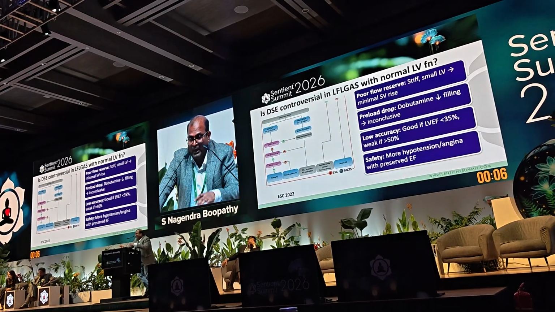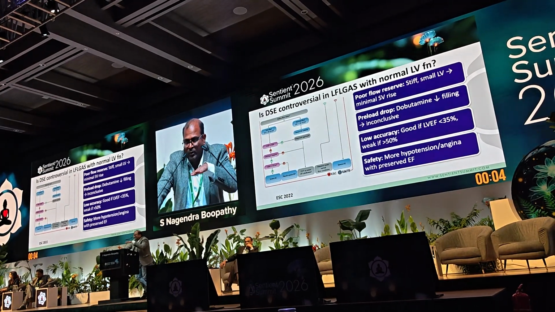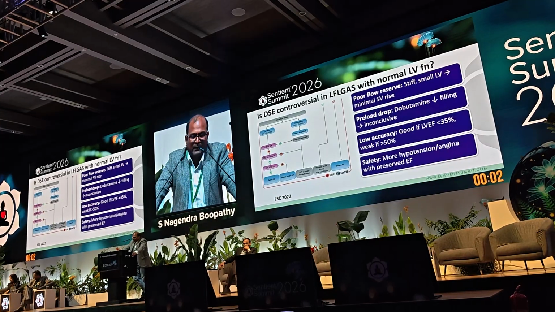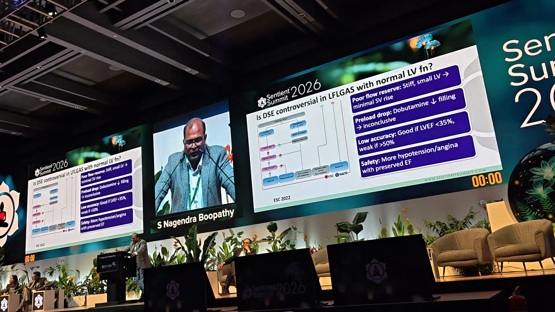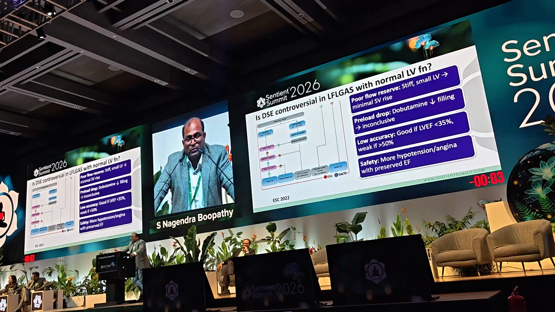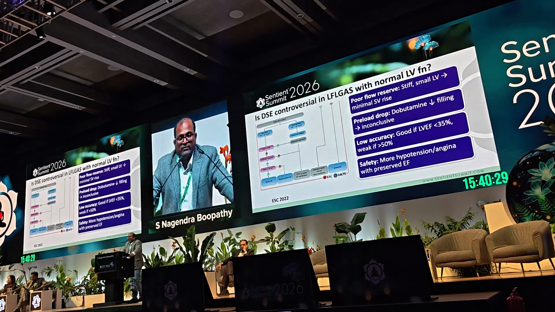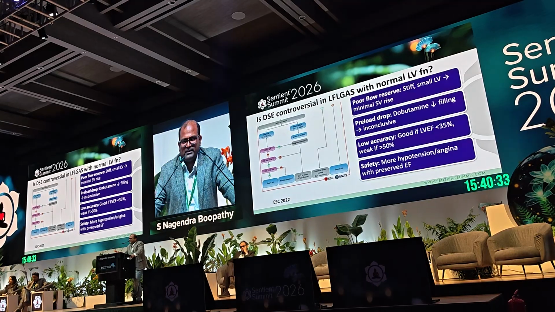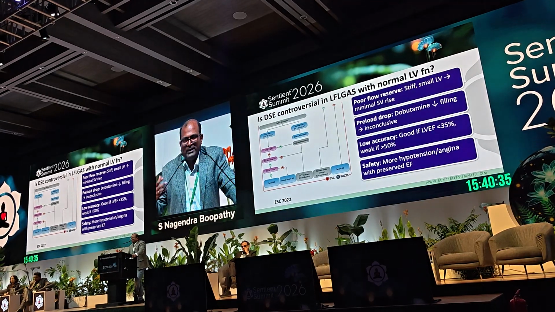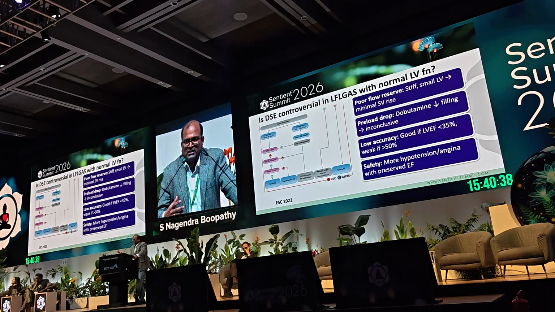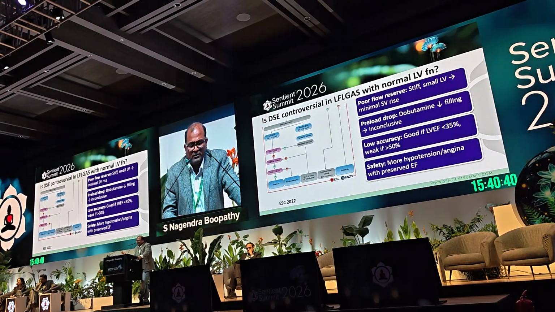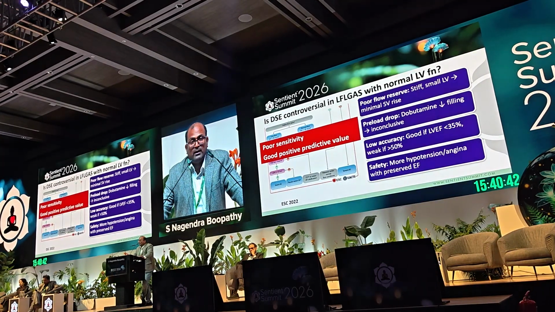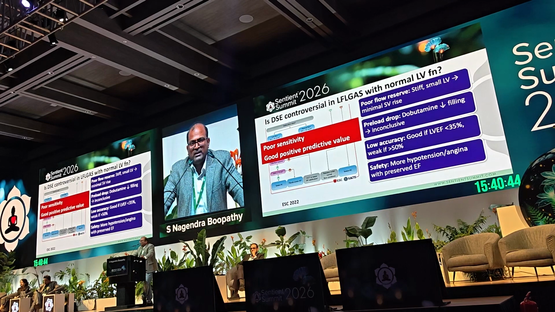Having said that, I was now considering, okay, it's equal between moderate and paradoxical aortic stenosis. The 2022 ESC had dobutamine evaluation, and I don't know why the 2025 ESC took it out. I would like to know from experts like Chandrasekhar sir why they took it out. It's a wonderful investigation even for paradoxical aortic stenosis. It has a very good positive predictive value, but a very poor sensitivity.